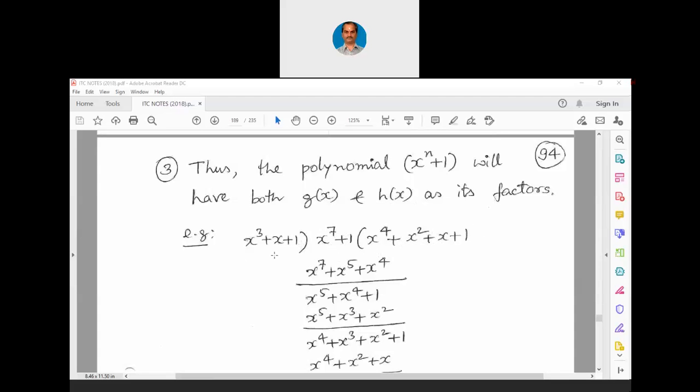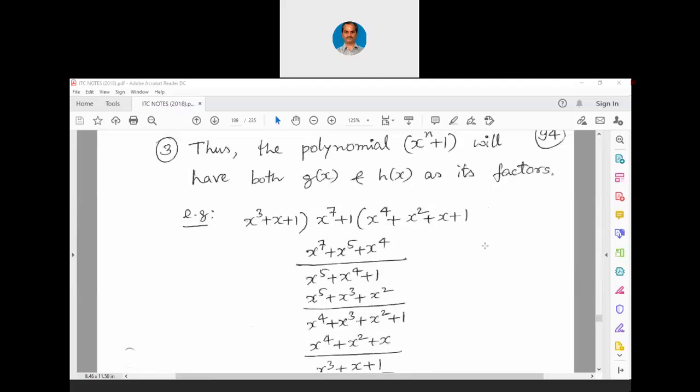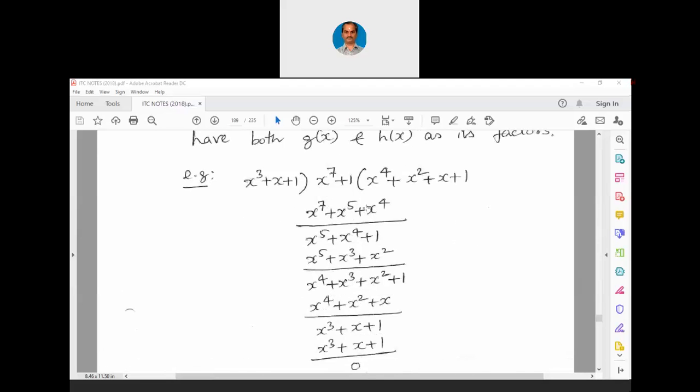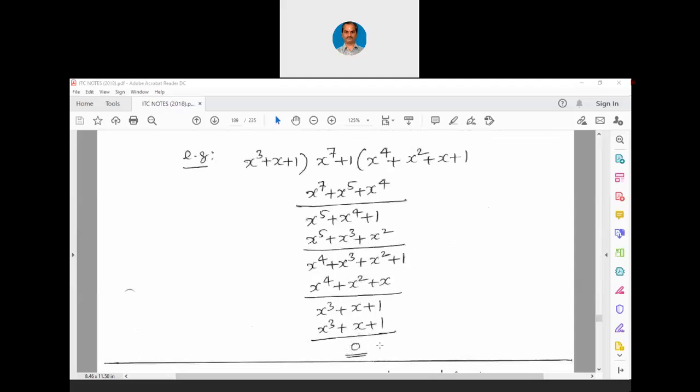So if you use x cubed plus x plus 1 to divide x power 7 plus 1, you will get the other one. That means if you use g of x, then the other one is h of x. Now when you use h of x, the other one is g of x. So that way, when you keep on dividing, you will get the remainder polynomial 0. That is the requirement. Remainder is 0.